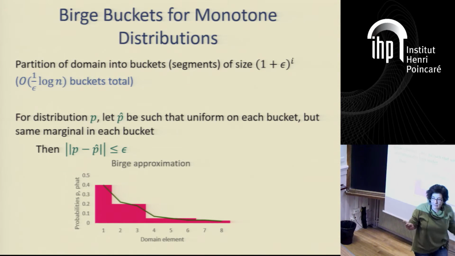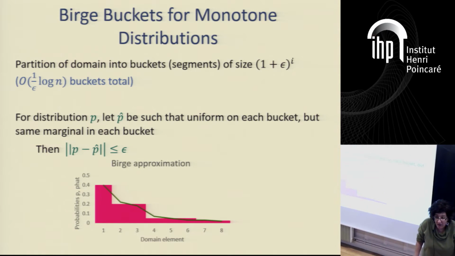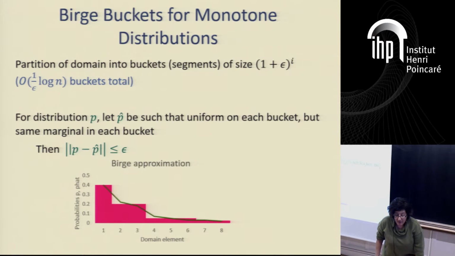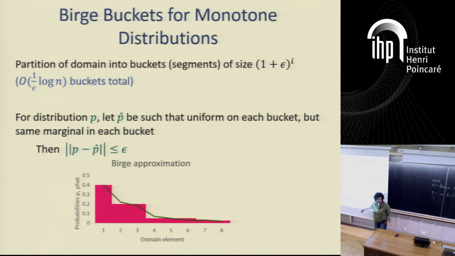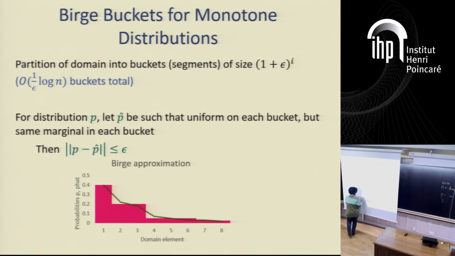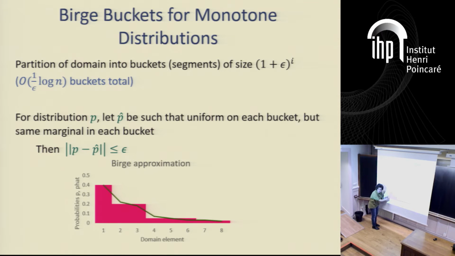Okay, so one easy way to test monotonicity is take the Birgé approximation of your distribution and test, is this close to your distribution? But what you're going to have to do is check that your distribution is really uniform in each of these buckets. Okay, so it's not enough to know that your distribution gives the right weight to each bucket.